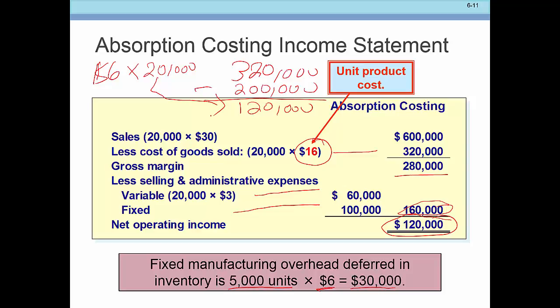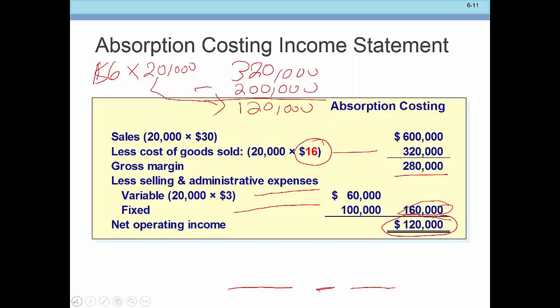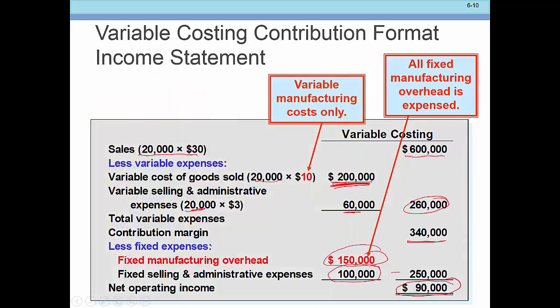right? But then I increased my fixed expenses. So even though my cost of goods sold was more under absorption, my fixed expenses are 100 under absorption versus 150 over here.